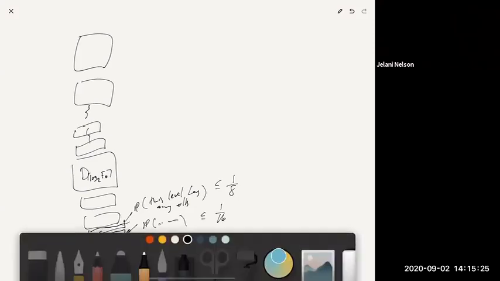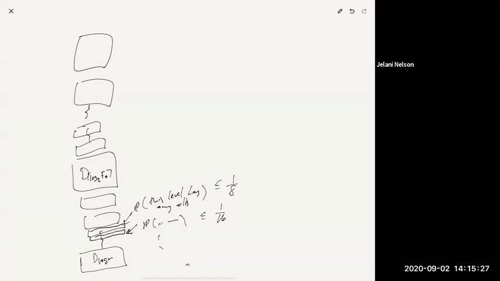So the probability, let's define this now, red region. The probability that the red region has any elements at all is at most 1/8 plus a 16th plus a 32nd, etc., which is at most a quarter.